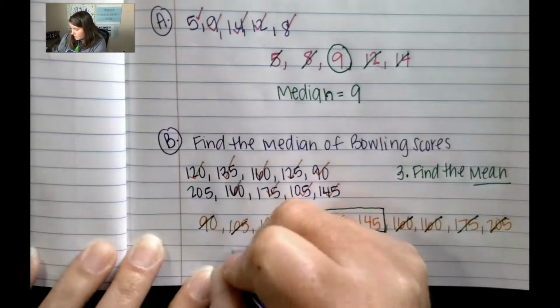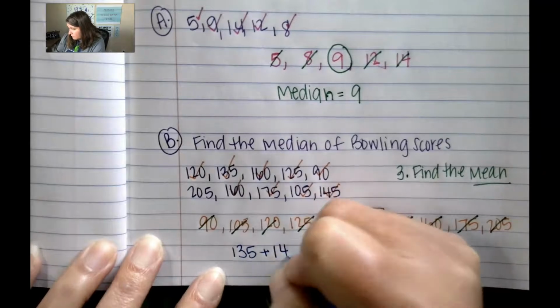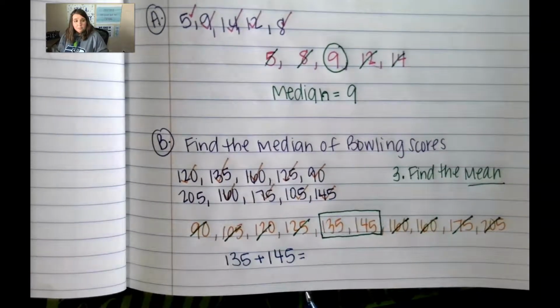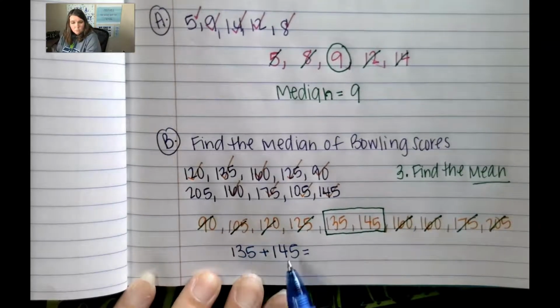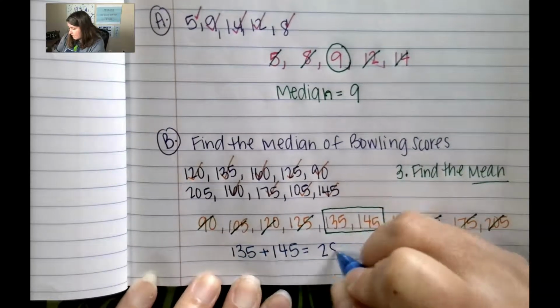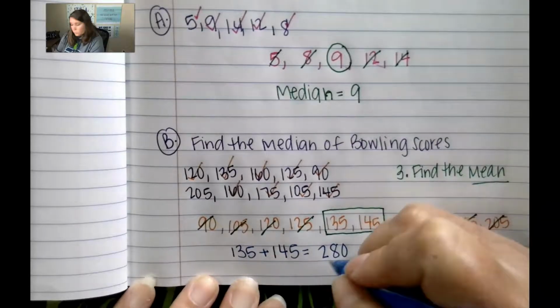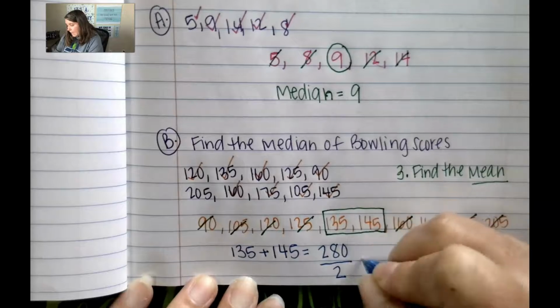So we have 135 plus 145. So when we add these two numbers up, we're going to get a total of 280. There's two data points here, so we're going to divide those by 2 or cut it in half.